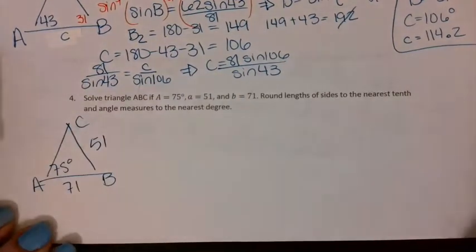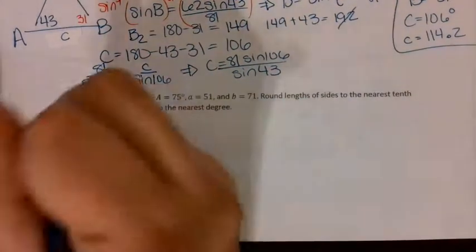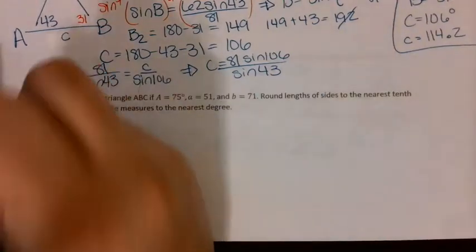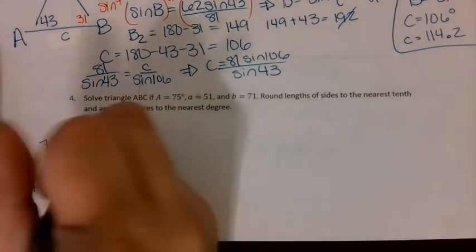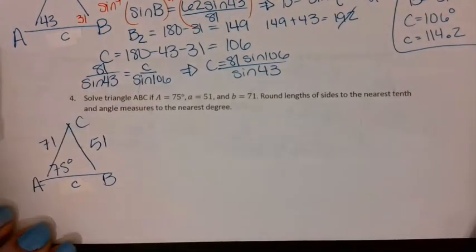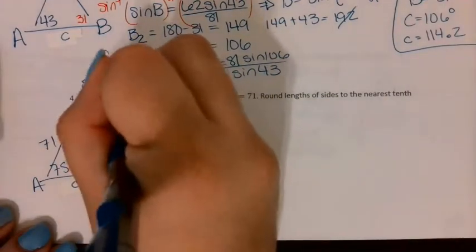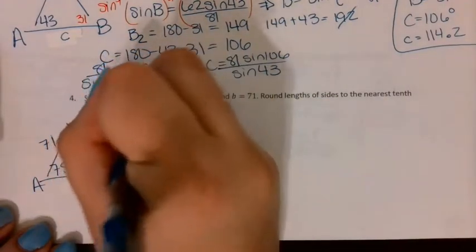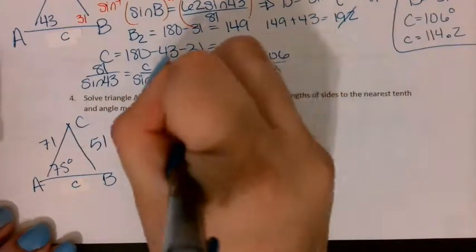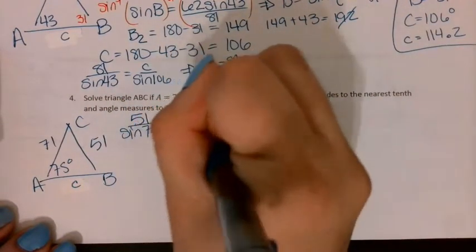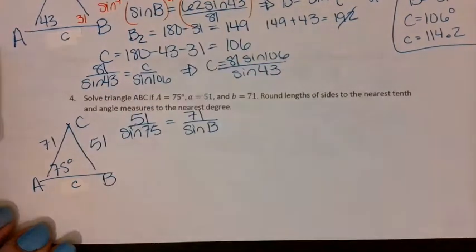So I'm going to start off by doing law of sines to solve for little b over here. I do not know why I keep putting little b in the wrong spot. This is little c. Okay, so I'm going to start off by solving for my angle of b. So I have 51 over sine of 75 for my a values. For my b, I know my side length is 71, and my angle measure I just have as b right now.